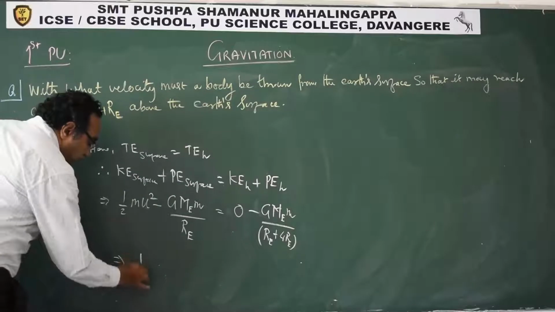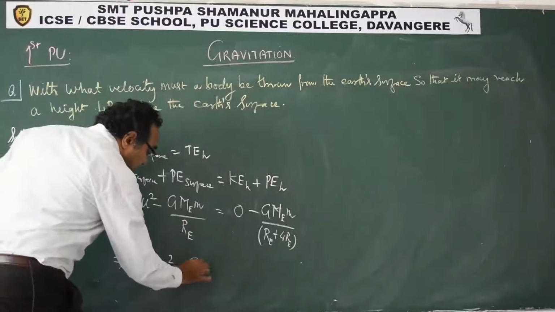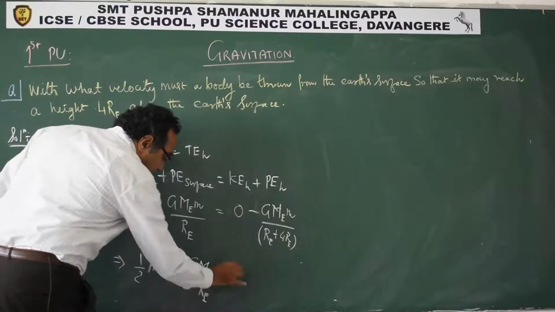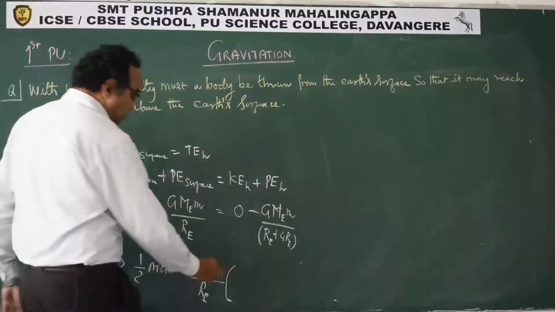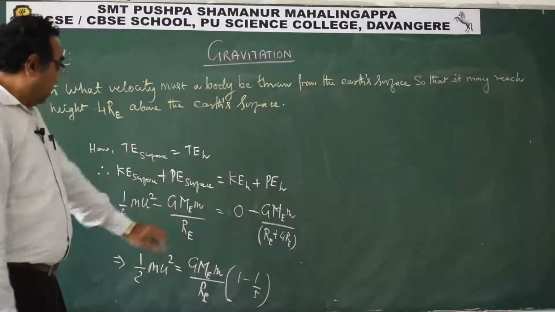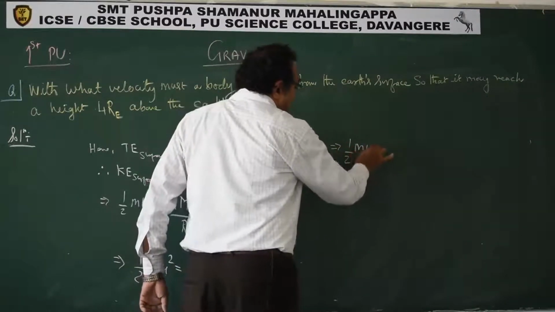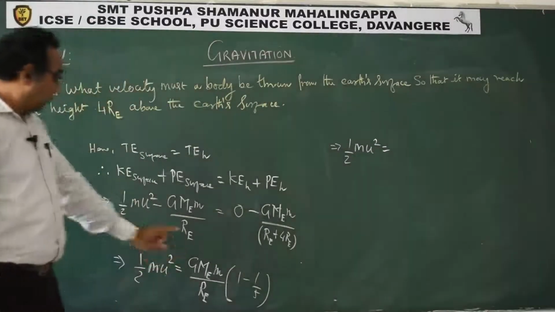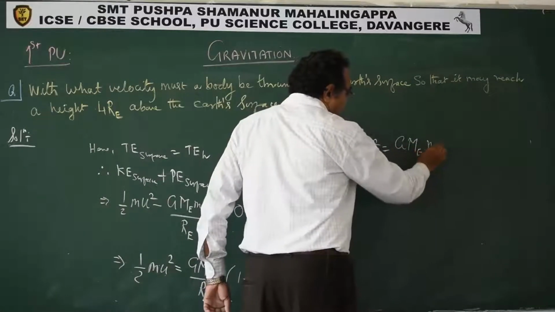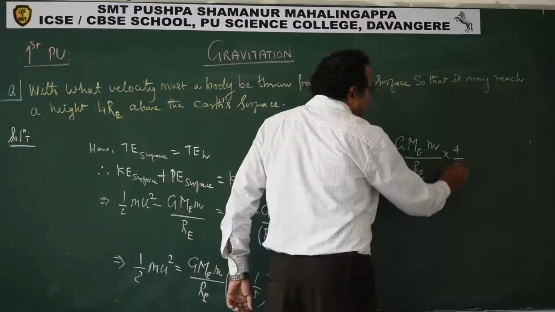Now simplify this. Half mu square, we can write it by taking GM by Re common, so we have 1 minus 1 by 5. Finally, half mu square is equal to G Me m by Re into 4 by 5.